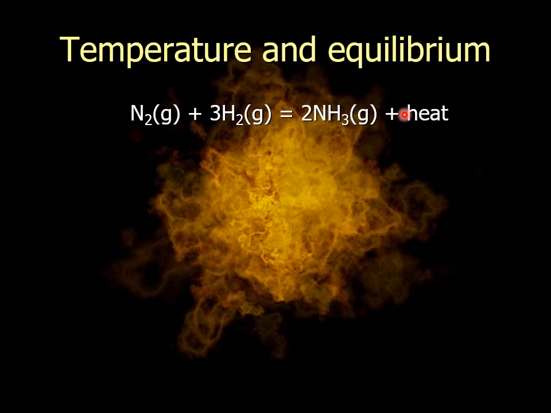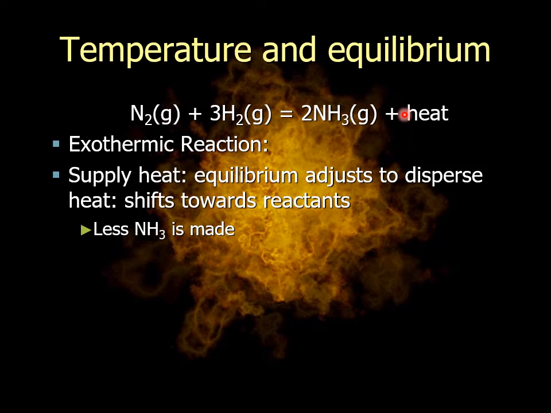And now I'm going to change the temperature. And if I change the temperature up, increase it, you can think of that as adding heat or adding a product. Which way would the reaction shift? It would shift from right to left. So in an exothermic reaction, if we were to heat it or raise the temperature, it's like supplying a product.